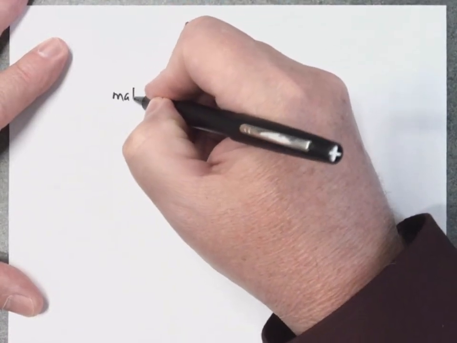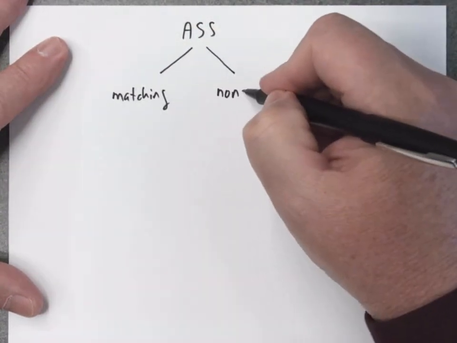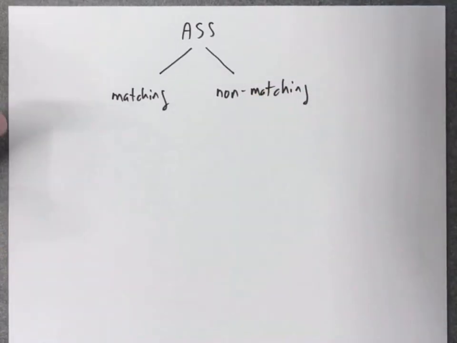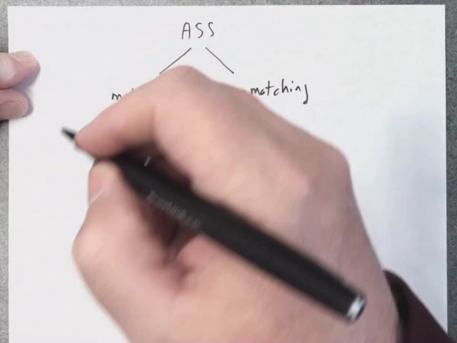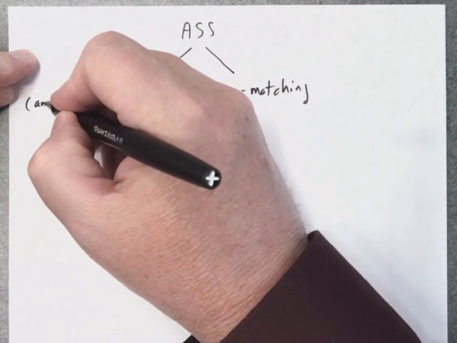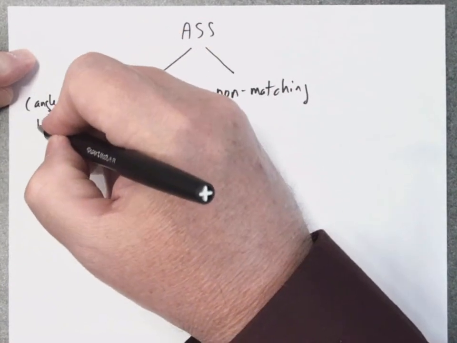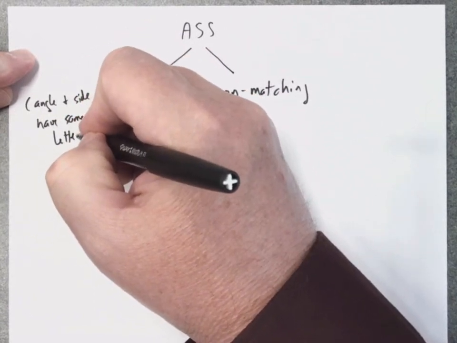The 2 possibilities, I like to think of it as matching and non-matching. Just so you know, when I do things like this, I'm trying to think of the simplest, easiest thing to remember to know what I need to do. So matching means that the angle and side have the same letter.